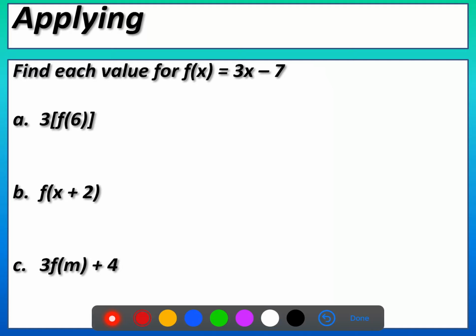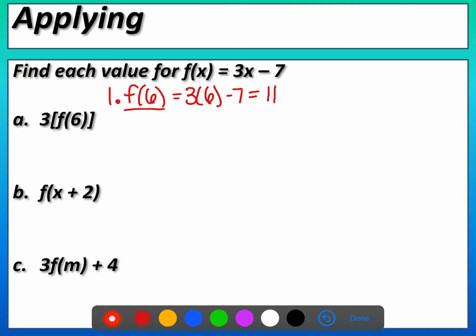Okay, so same idea. Again, we're just switching up the operations here. So part A, first thing I'm going to do is evaluate f of 6. Okay, and every time we want to show our work, we want to show what we're substituting in.